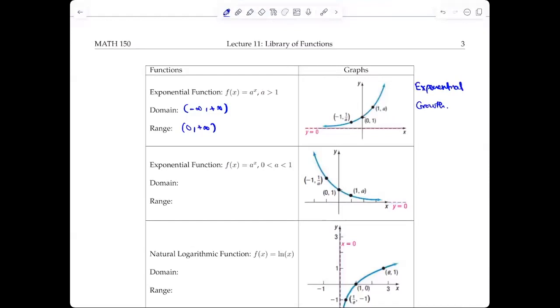The next graph is also an exponential function, but in the case where a is between 0 and 1. So this is called exponential decay.